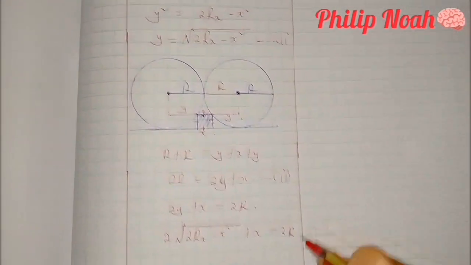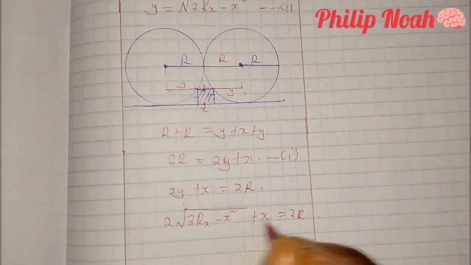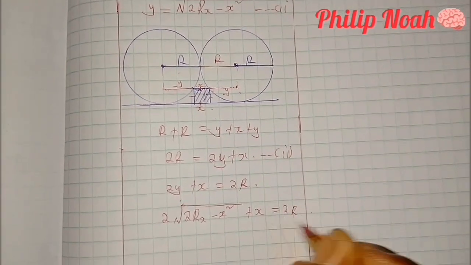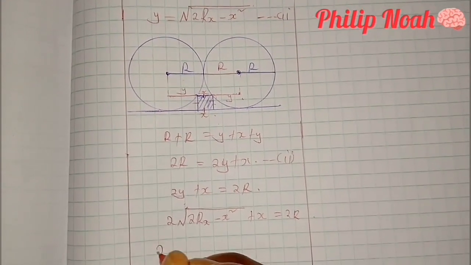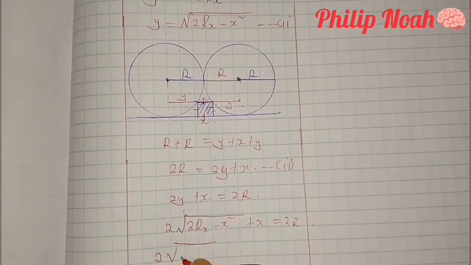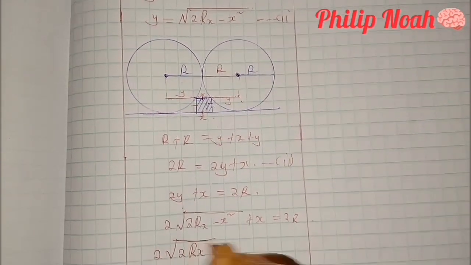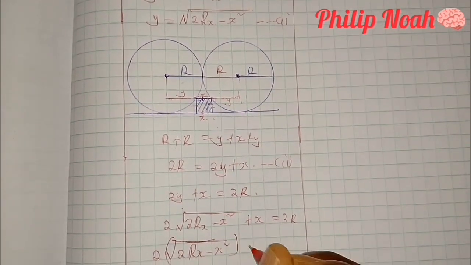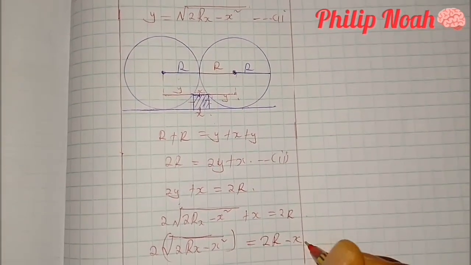Hope you understand what I'm doing here. After that, we take this x to the other side of the equal sign, and we say that 2 times the square root of 2rx minus x squared is equal to 2r minus x.